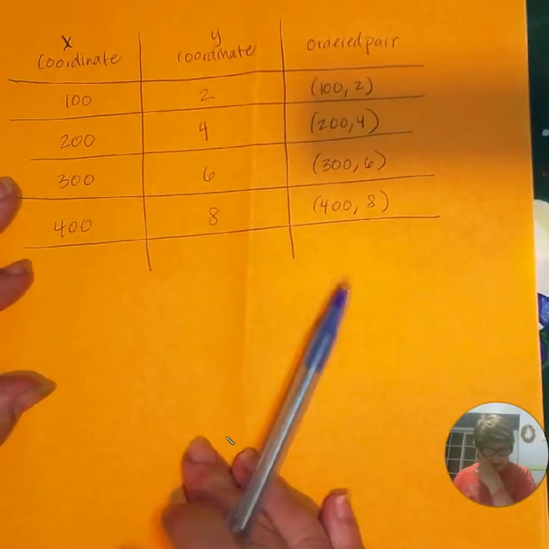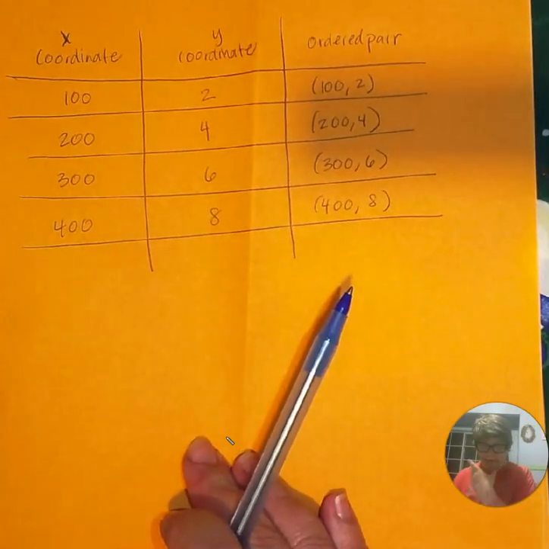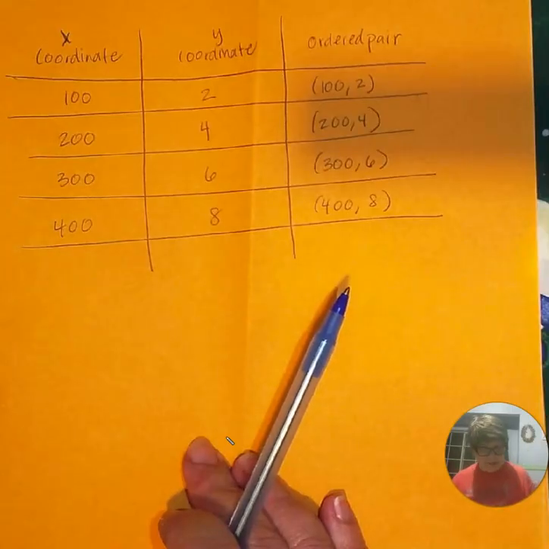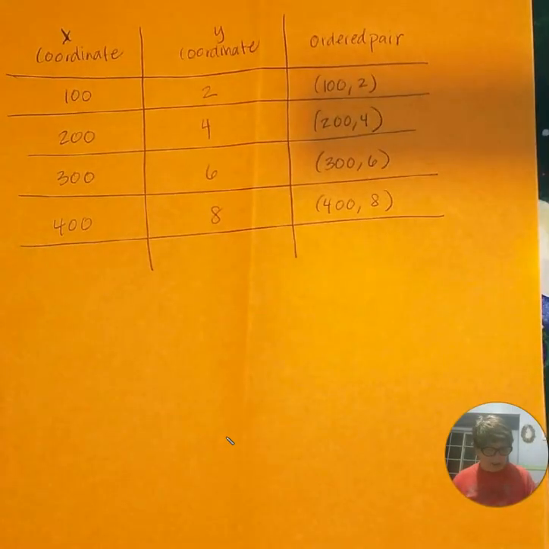So if you used 100 for both of them, your y's are, yeah. If you use 2 for both of them, your coordinate grid is going to be really big. So guess what? We can use different scales for the axes to help us plot points. I know, amazing.